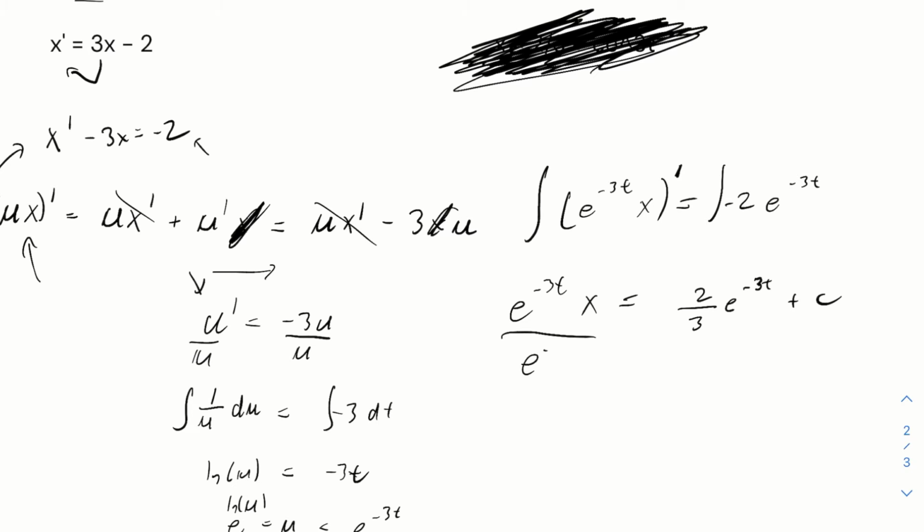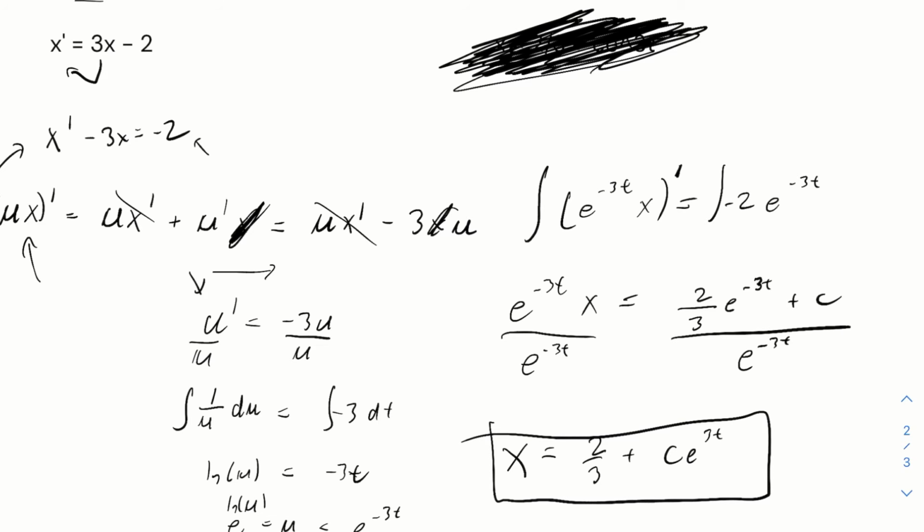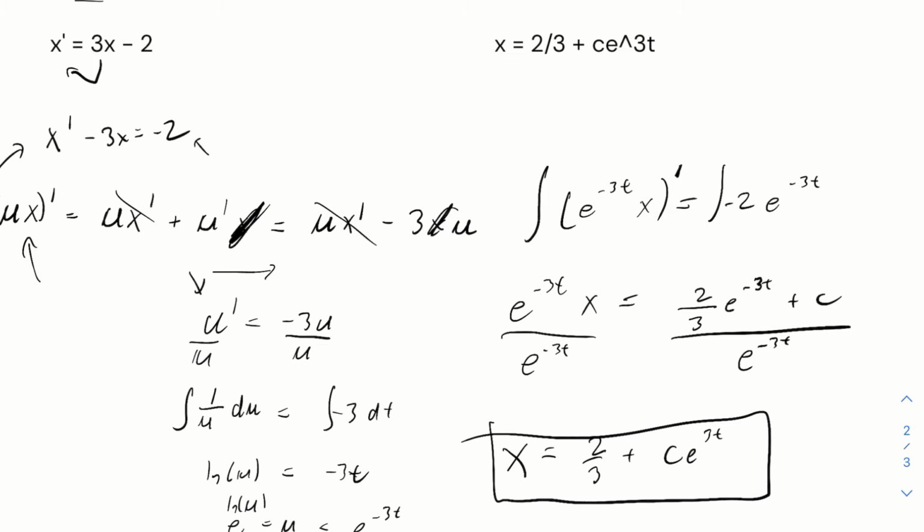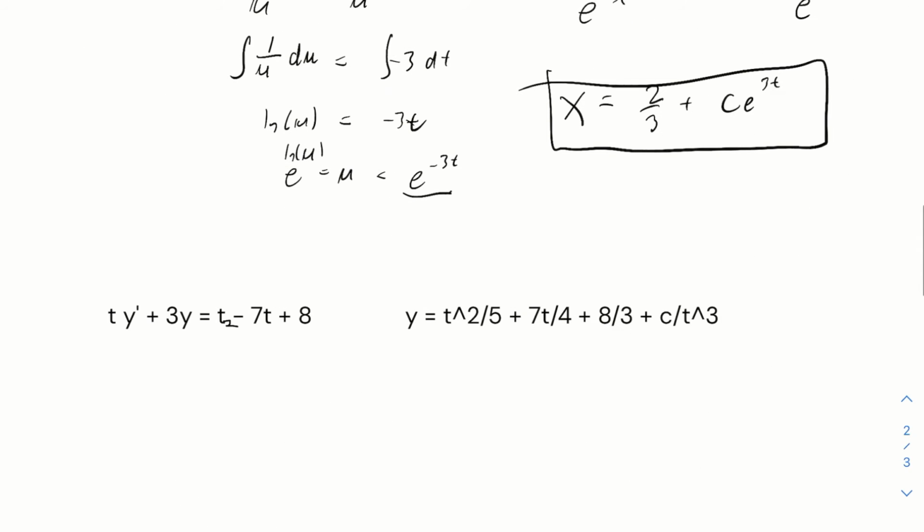Now we divide everything by e to the negative 3t, or multiply by e to the 3t, and what we get is x equals 2/3 plus c e to the 3t. As you saw from before, that's what we got as an answer before, so we did that right. Okay, let me just erase this one.